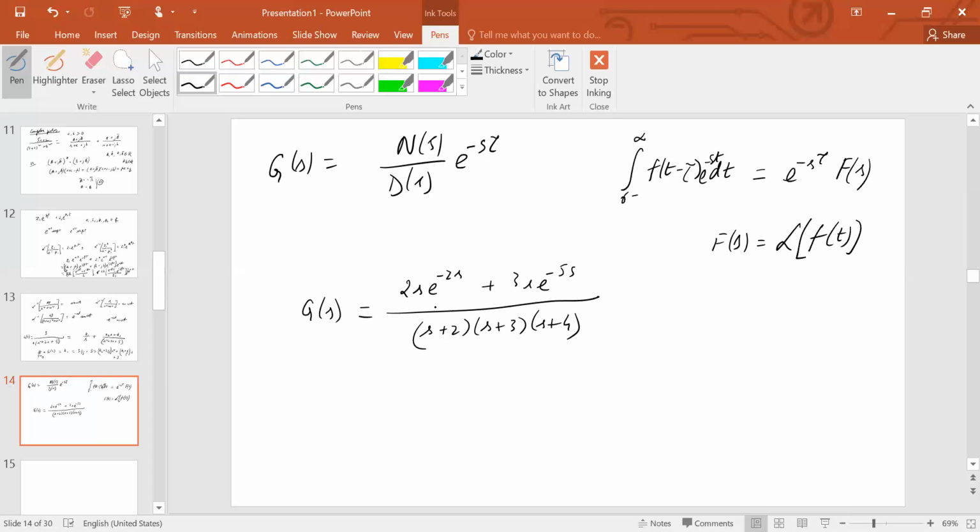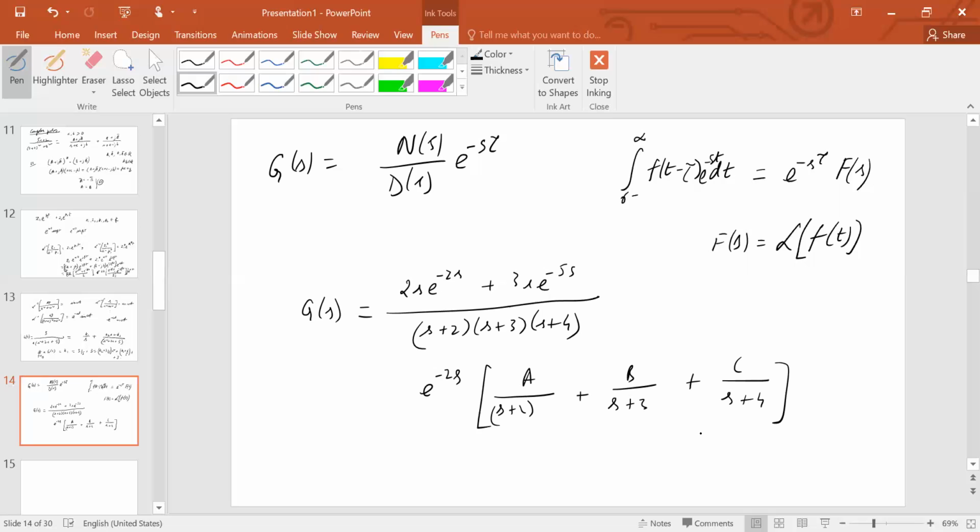Then you have to be very careful as to include these delays. So you have to have this e to the power minus 2s, and then you have to have a over s plus 2 plus b over s plus 3 plus c over s plus 4.